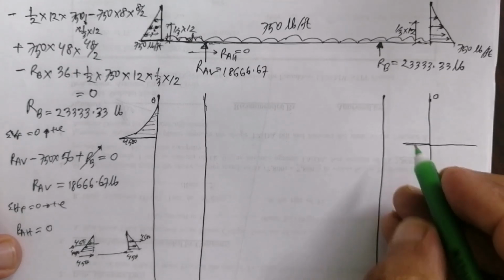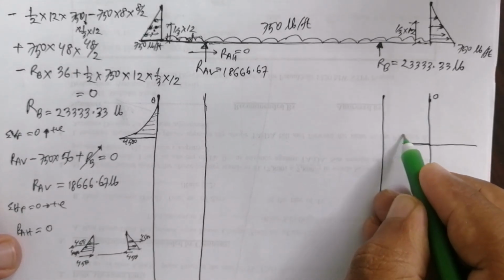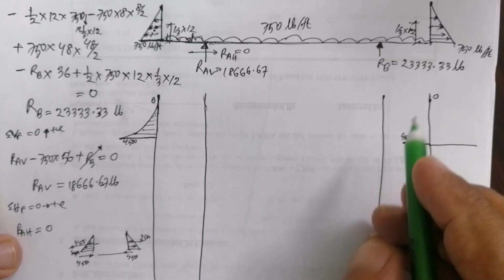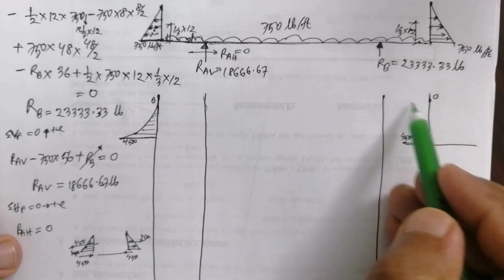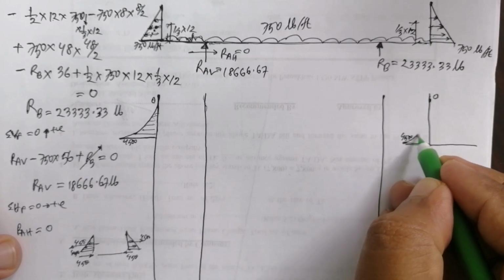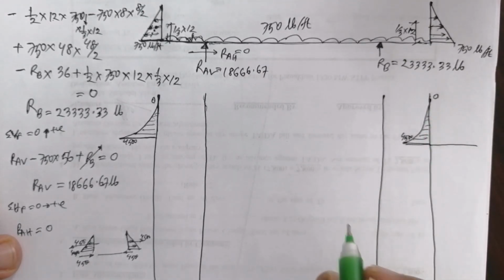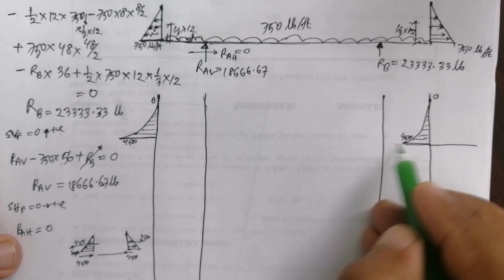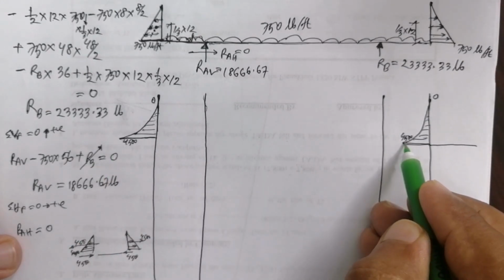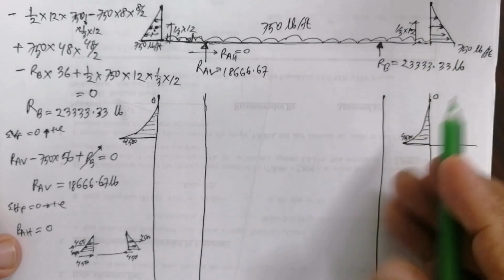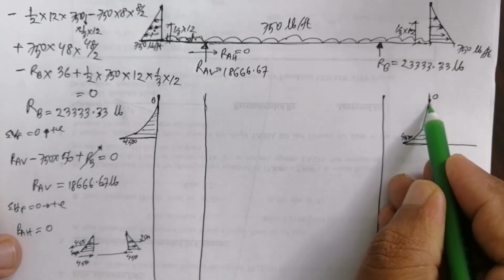So this force will be here 4500. Now this force reduces like this, 4500. This force transits to this point 4500, and this force reduces to 0.